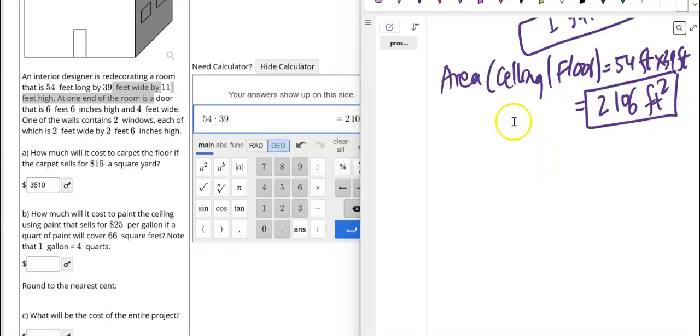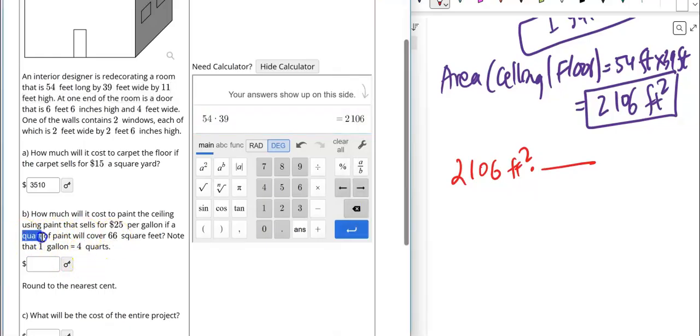Let's see how many quarts of paint are needed to paint 2106 square feet. 2106 square feet is the area you need to cover, and 1 quart of paint covers 66 square feet.